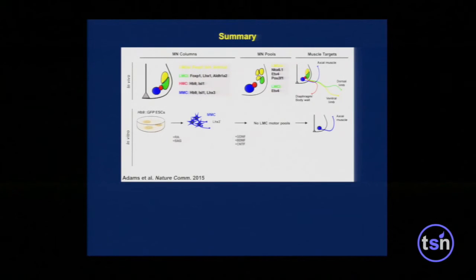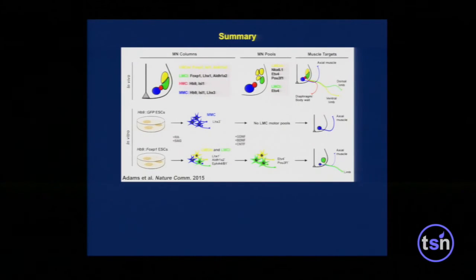And what I showed you is that most protocols that people have used to date tend to be biased in the types of motor neurons they produce, but we can unpick that bias simply by using these transcriptional programming approaches. And the same principles that we're using to make limb-projecting motor neurons presumably could be used to make other populations of motor neurons, particularly those that innervate, say, the diaphragm and those that innervate visceral organs.